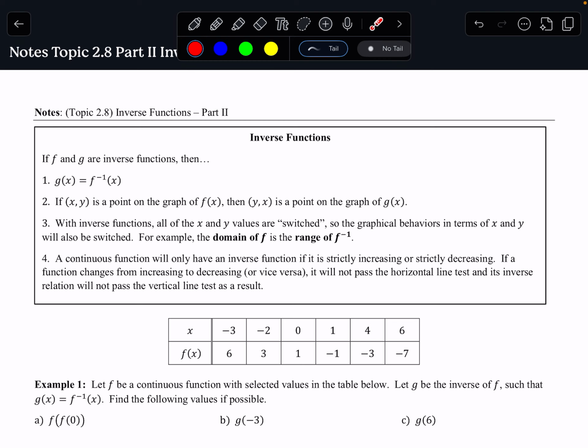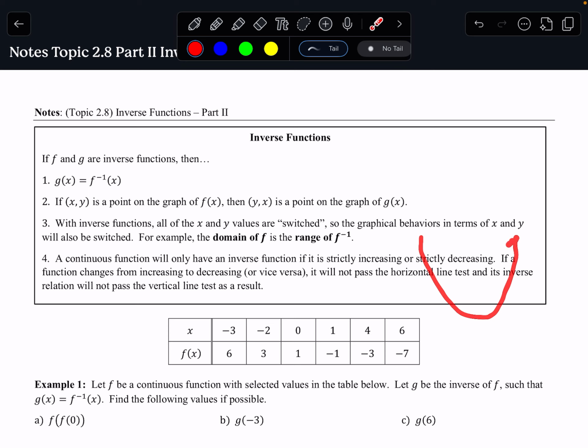This function is increasing and then decreasing. It will therefore not have a function as its inverse. This function is decreasing and then increasing. Therefore, its inverse will not be a function.